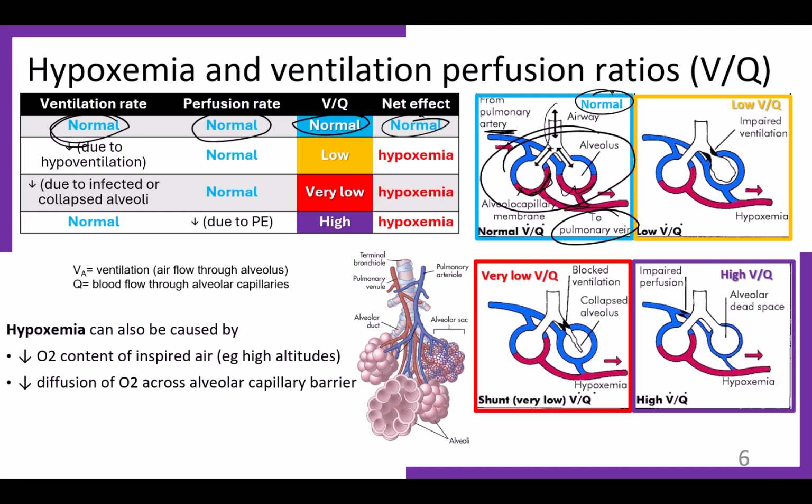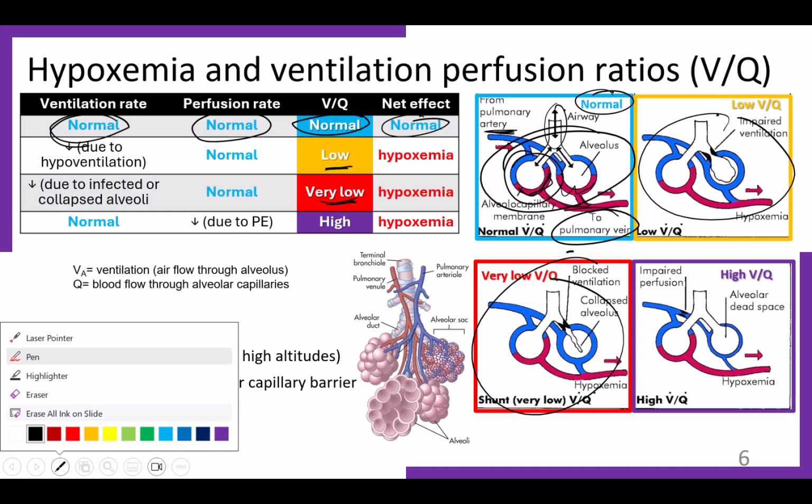And so this is normal. When you've got the right amount of air going in, the right amount of blood going in, everything's hunky-dory. Now, in some situations, you have a low or very low VQ ratio. And this low or very low VQ ratio is depicted over here.